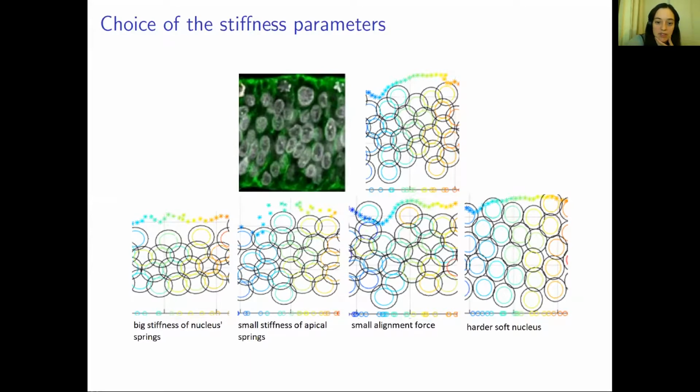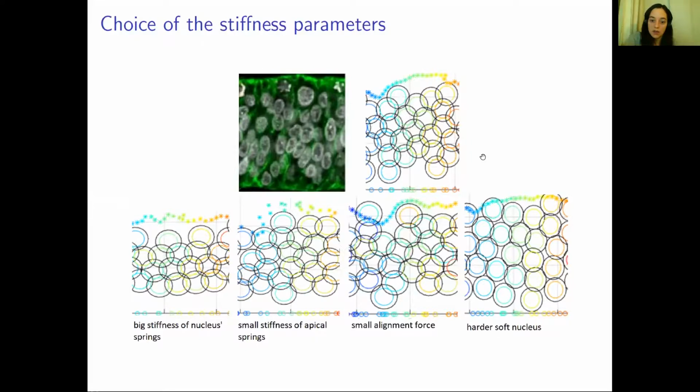So we see here that cells are aligned, so the apical, nucleus and basal points are aligned. This is represented by the same color, each cell. While if the alignment is not strong enough, then they will not be aligned. Cells will make angles. And if the soft nucleus is hard, then the tissue becomes more stiff. Okay, so this is a qualitative choice for the parameters, and then we obtain this solution.